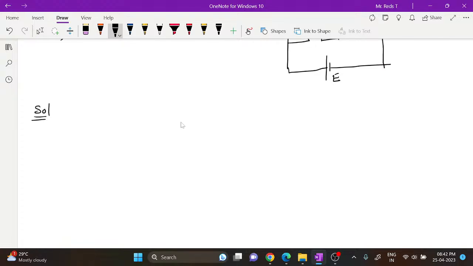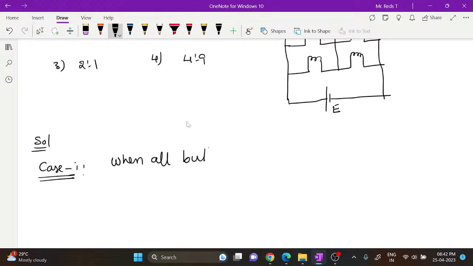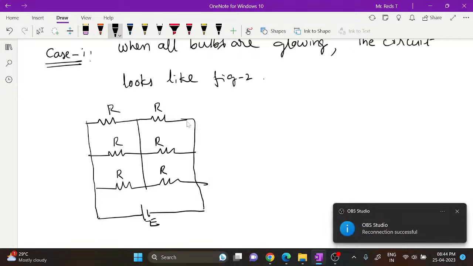When all bulbs are glowing, you have to consider the combination as shown in the figure. All the bulbs act like identical resistors connected in this fashion.